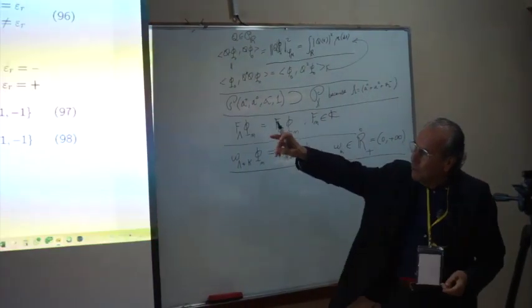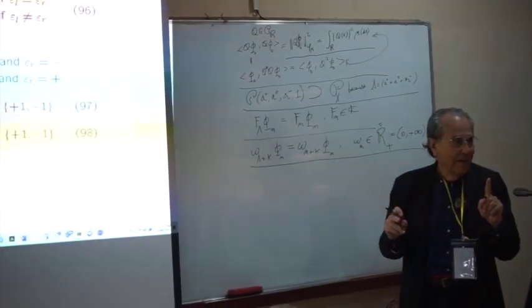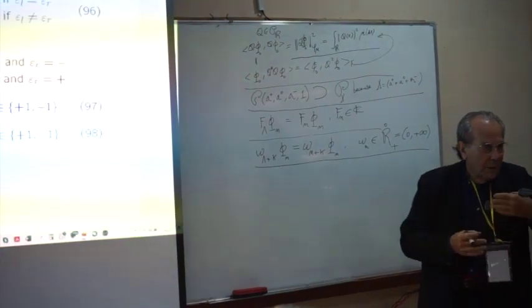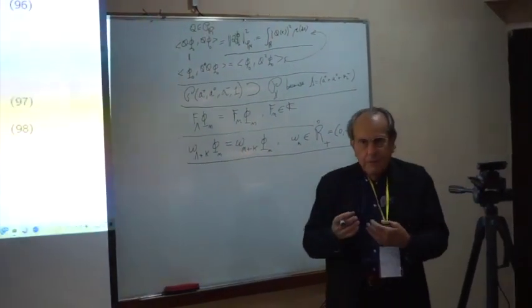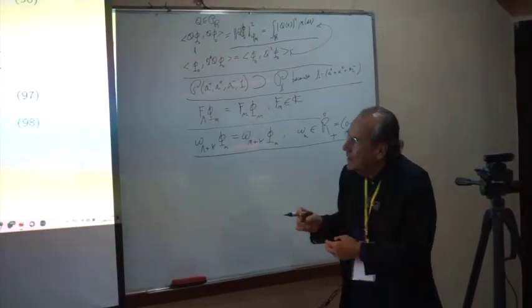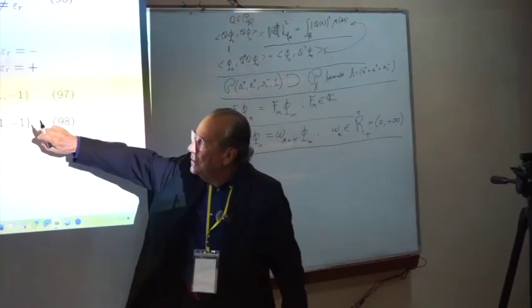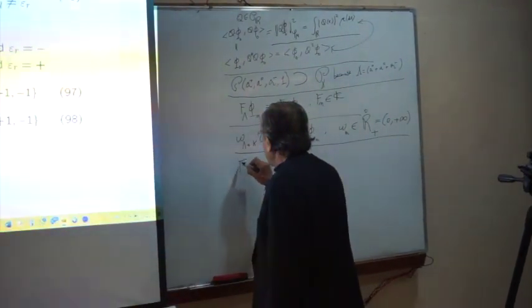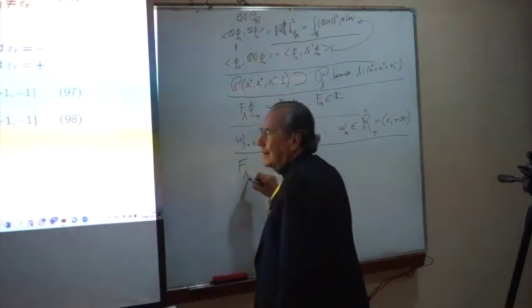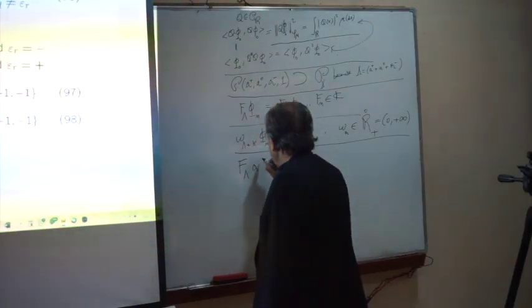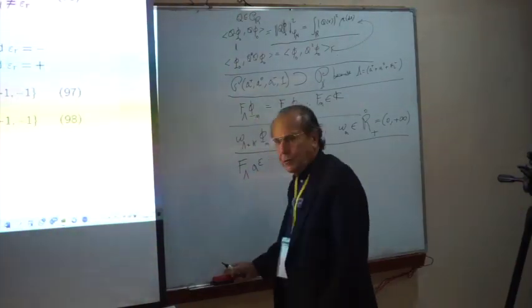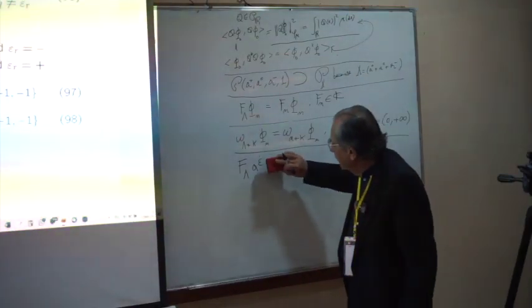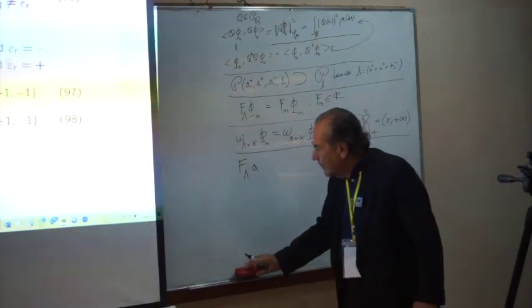I prove this equality for 1 possibility, and I suggest you to generalize for the other 3 possibilities. Okay, let us take, for example, this relation. We want to prove this relation. So we start with lambda and a epsilon. Let us suppose that epsilon is plus. Okay?